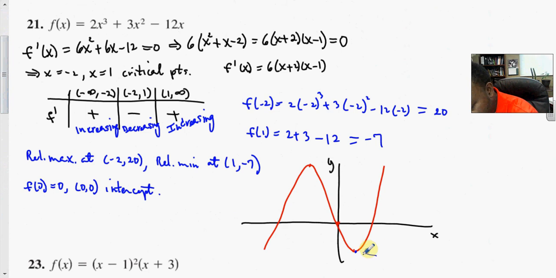So this point here was our minimum, and that was at 1 comma negative 7. Our intercept, and this was the point negative 2 comma 20, and we had a relative max, relative minimum.